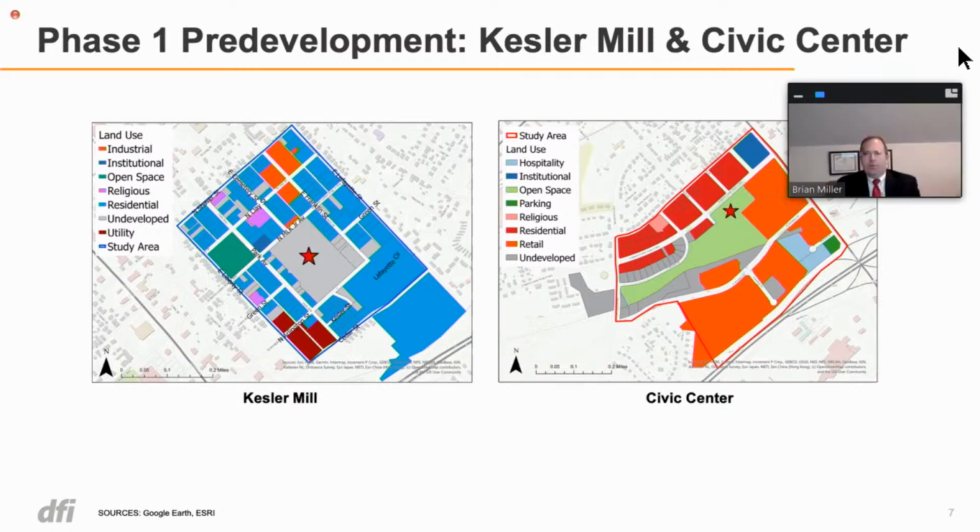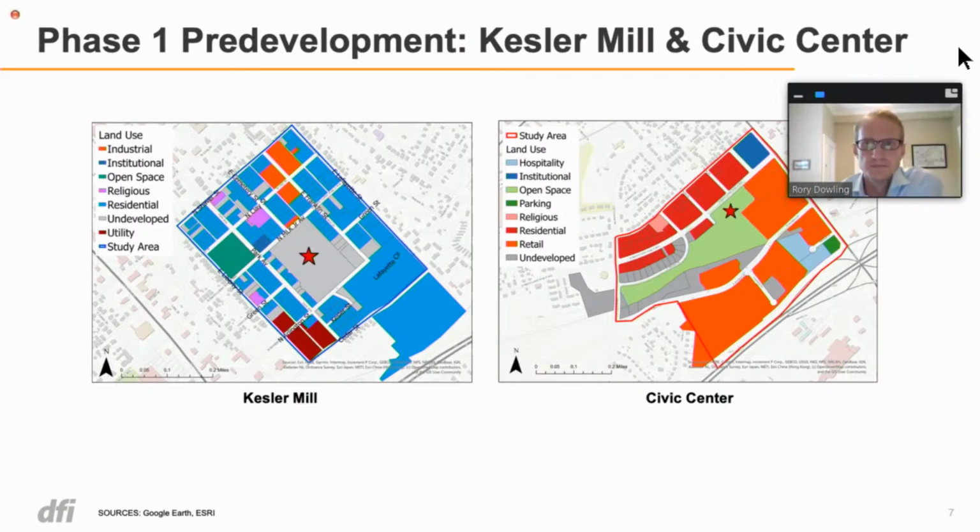But it would factor into our feasibility analysis. We'll be building a redevelopment budget for the site, and we would include an estimate for what we think is going to be needed to clean up that site. We know that that's a cost right now that the city's been granted from EPA, but we'll still build that into the budget, making some conservative assumptions about cleaning up that site.